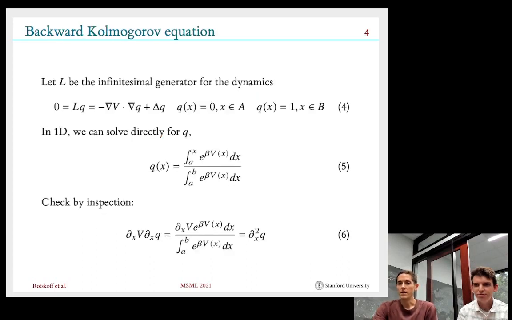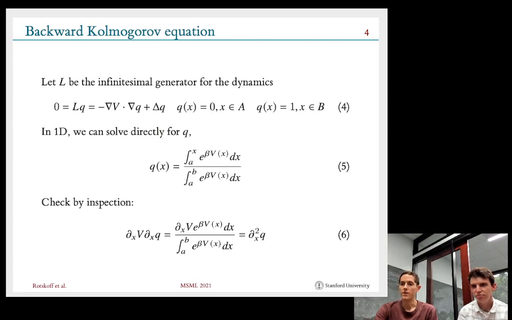So it's relatively easy to turn this into a partial differential equation. If we let L be the infinitesimal generator for the dynamics that we described in equation 1, we can develop a backward Kolmogorov equation using this generator for q itself, which is a boundary value PDE, in which the boundaries are conditioned to be 0 in A, so the probability of reaching B before A, if you're already in A, is 0, and similarly q is 1 inside of B. So in one dimension, there's no issue here.